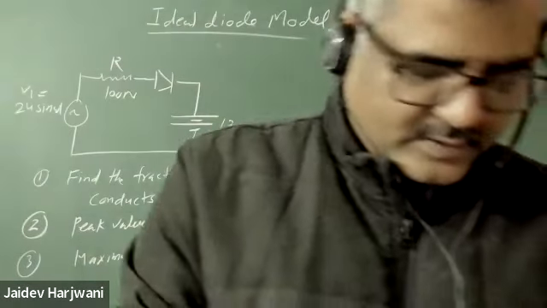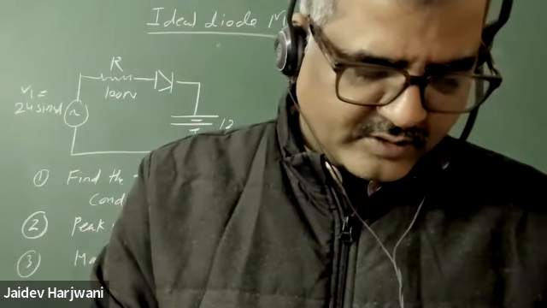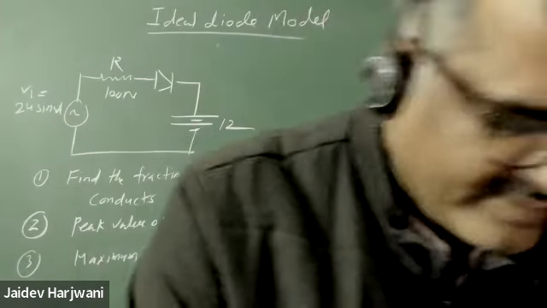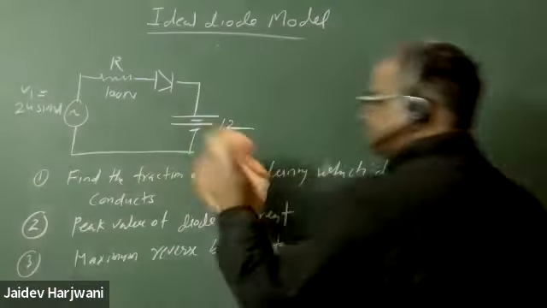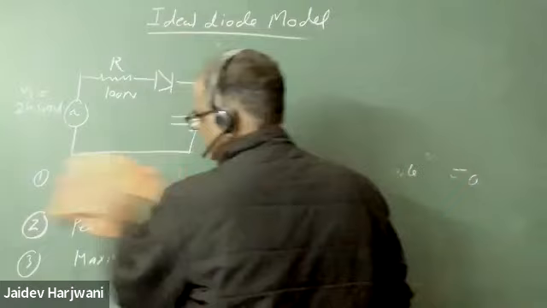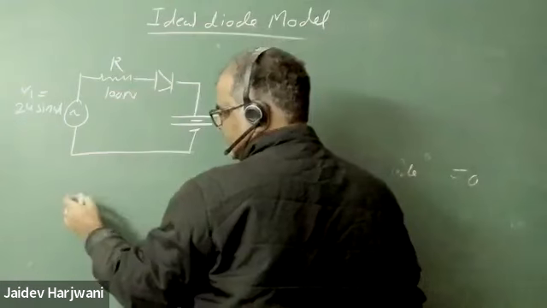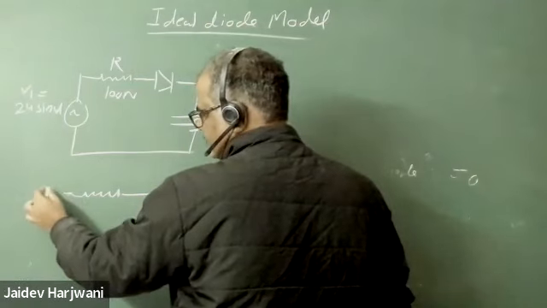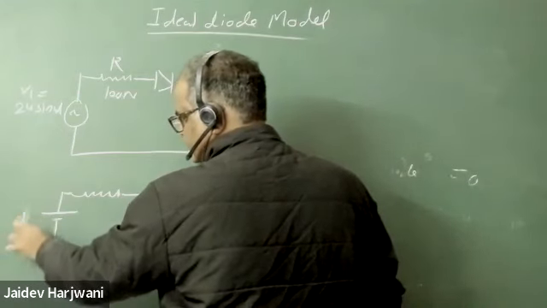Now, how can we approach this question? First of all, we need to see whether the diode conducts or not. Whether the diode will conduct or not. For example, suppose I have a resistance, and I'm applying a source here equal to 12 volts.